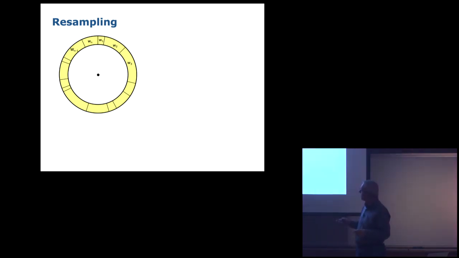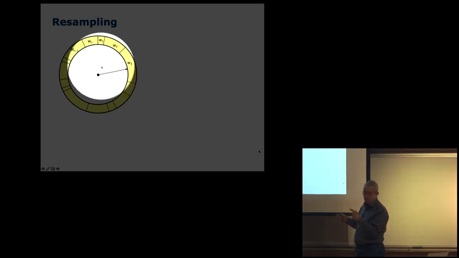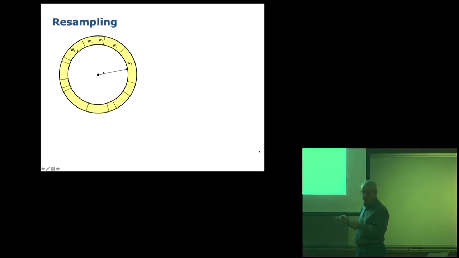Mathematically, we just draw an angle, like this one over here, and then we need to calculate the bin in which that angle falls. So in this case it would be bin 3, so particle 3 would be taken. Basically you draw a card from that deck, and the number of equal cards in that deck is the size of that bin. And so we repeat this n times, and by doing so, we get n new particles.